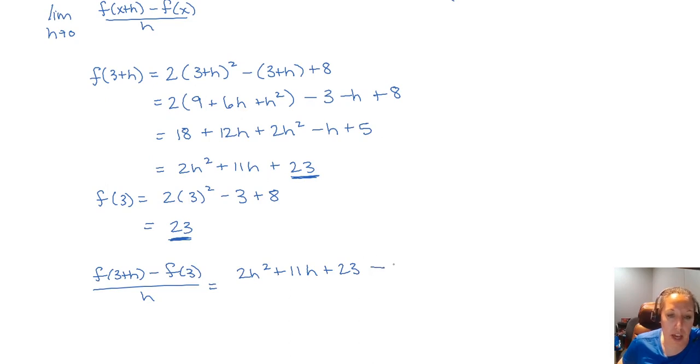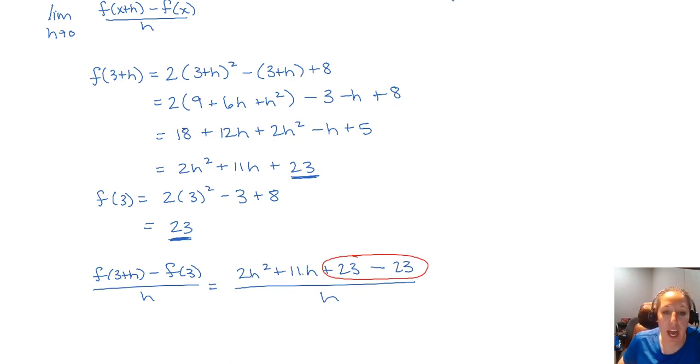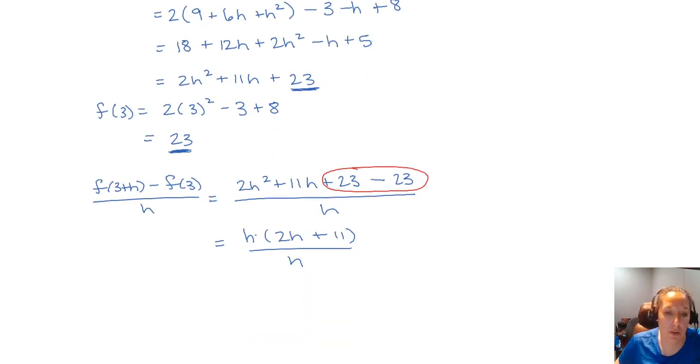Our minus f of 3 will get minus 23 all over h, and it should always work out that those will add to 0, leaving everything else with an h. So we can factor an h out of that numerator. We get h times 2h plus 11 over h, and divide both of those top and bottom by h, and our difference quotient is 2h plus 11.